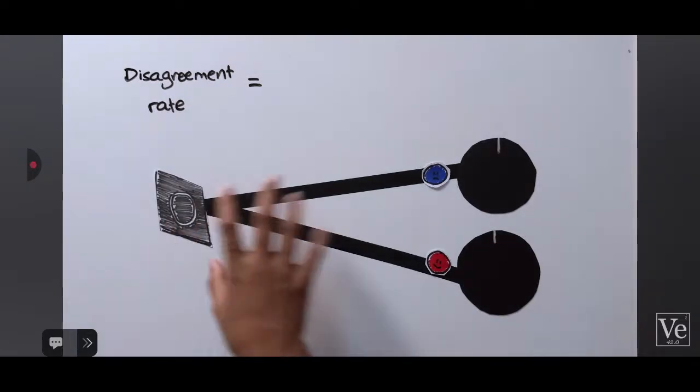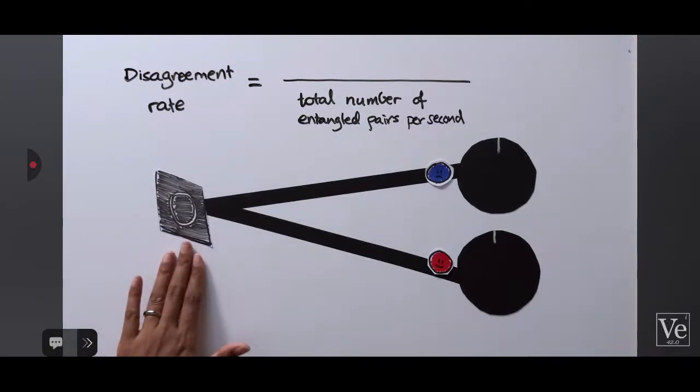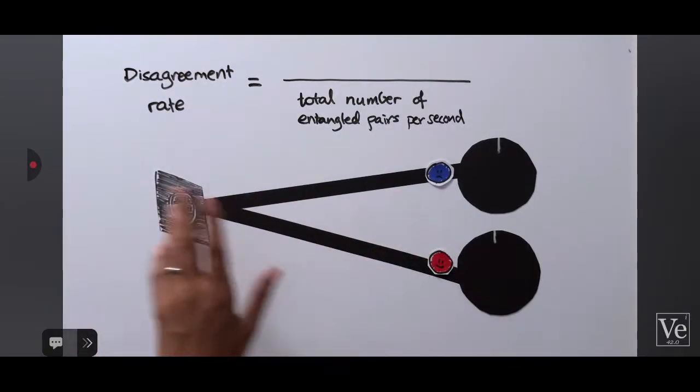So we're going to create a bunch of entangled particles and find out how many of them disagree with each other per second. This is going to give us a measure of the total number of particles coming per second. That's because this device is making loads and loads of entangled particles, and so we just need to know how many of them are coming at a time.